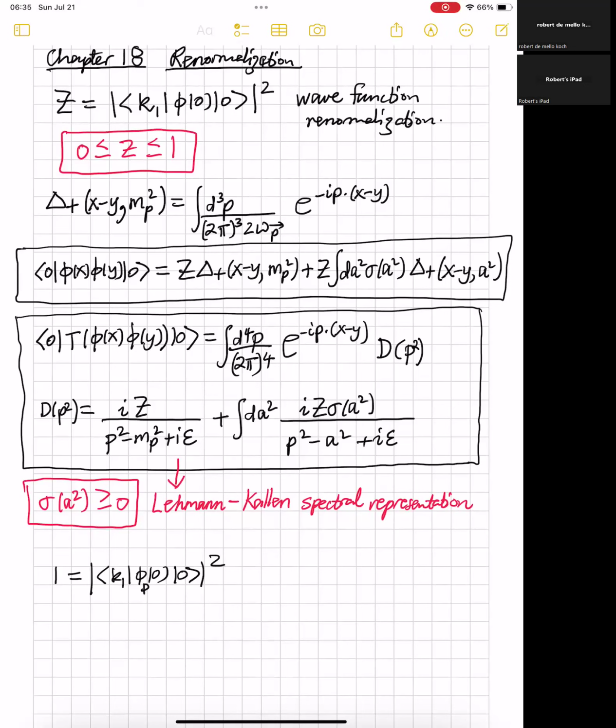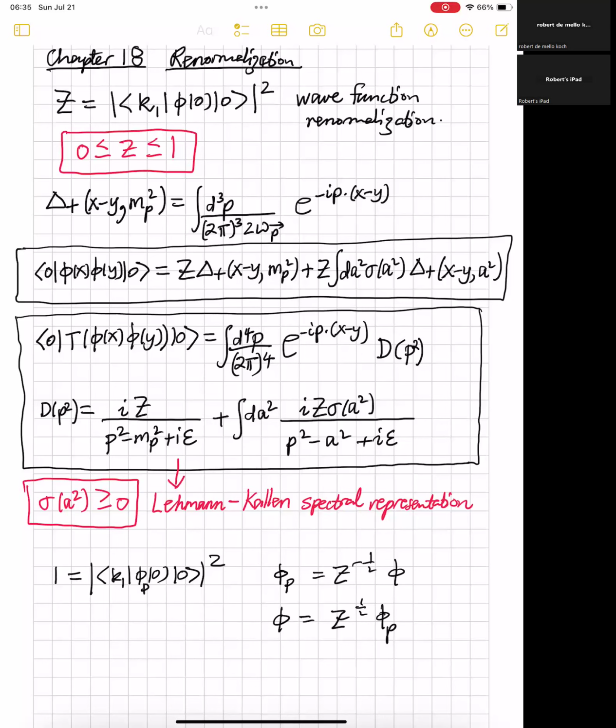Well, if you look at the top equation of the page, it's quite clear that if we set our physical field phi P to be equal to Z to the minus 1/2 phi, or equivalently, we could say that phi is equal to Z to the 1/2 times the physical field, it's clear that this will accomplish it.